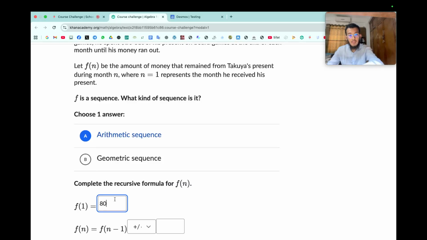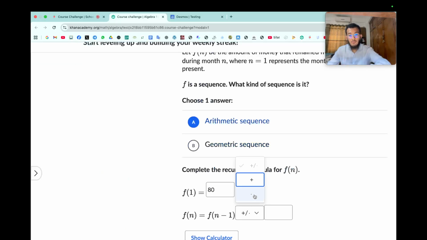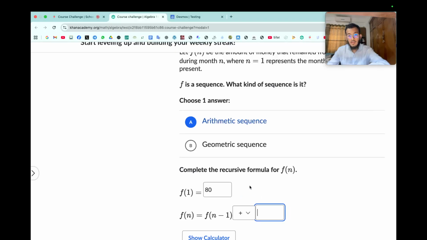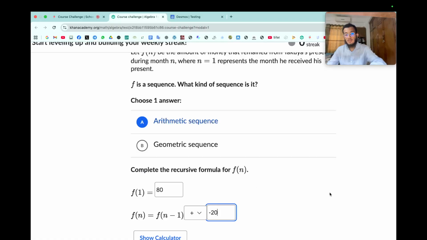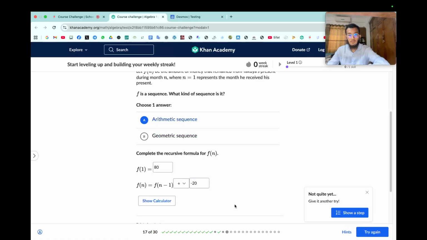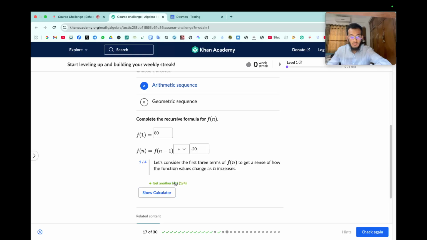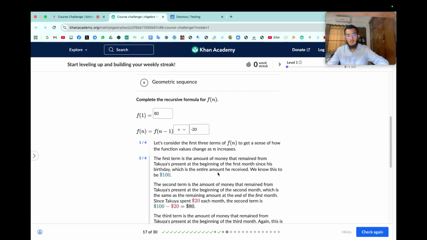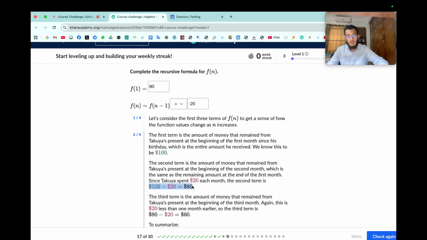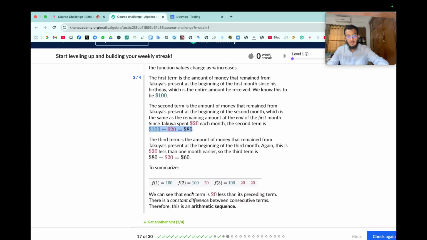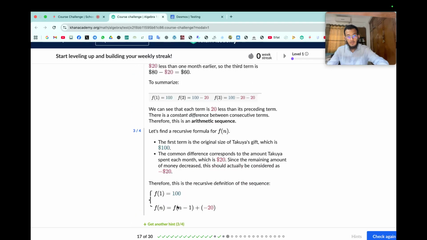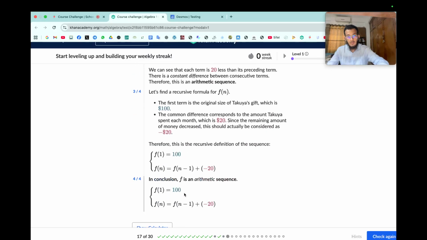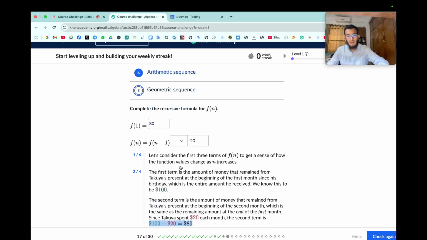Then each time you have to not multiply but add negative 20, which is the common difference. The second term is this thing, an arithmetic sequence, yep, 100.